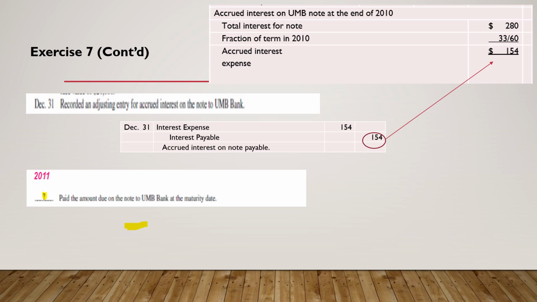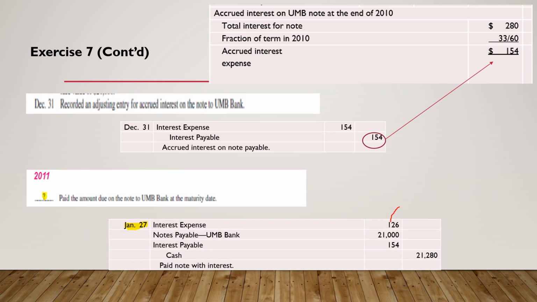Here, the 126 is the interest of the 27 days in 2011.